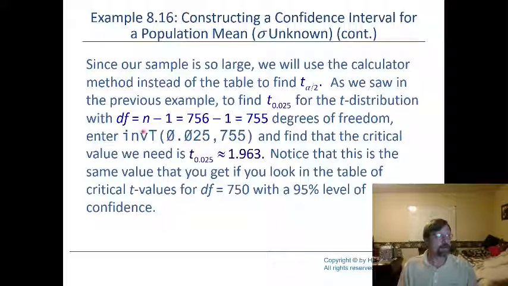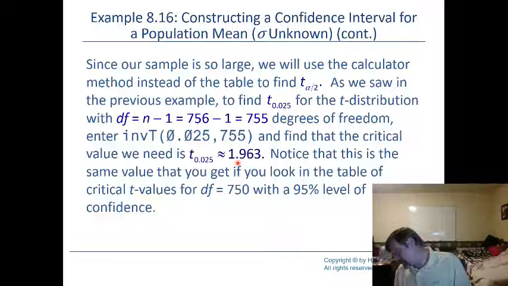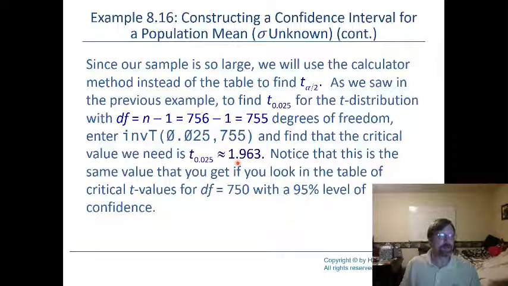So they've gone ahead and put it into the calculator, and got a critical t value of 1.963, which is the same value as in the table for 750 degrees of freedom.